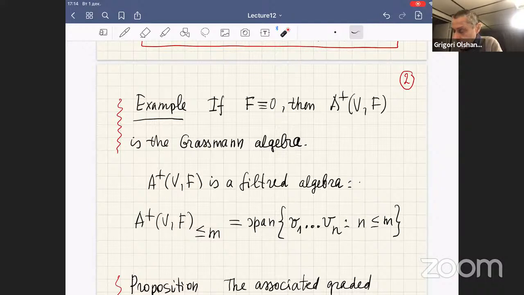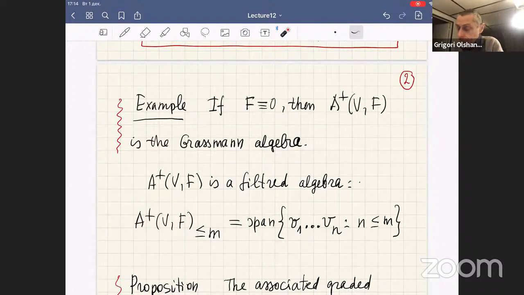So by definition, the subspace of degree less or equal to some number m is the linear space spanned by all monomials of length n, which is less or equal to m.